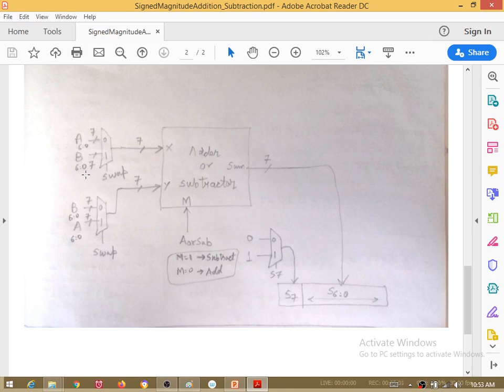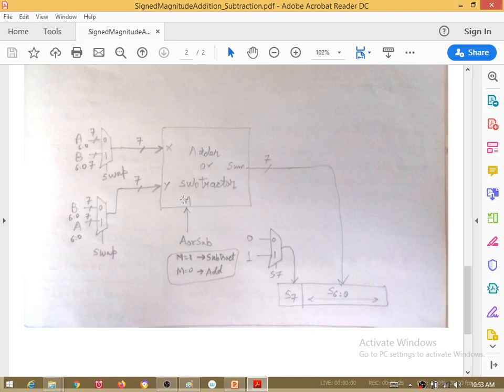Similarly, here you see that there are two muxes, and these muxes are controlled by something called a swap signal. If the swap signal is equal to 1, then it means that in operand 1 it is actually passing a B, and in operand 2 over here it is actually passing an A. Meaning when swap is equal to 1 it is passing A from here, and B from here.